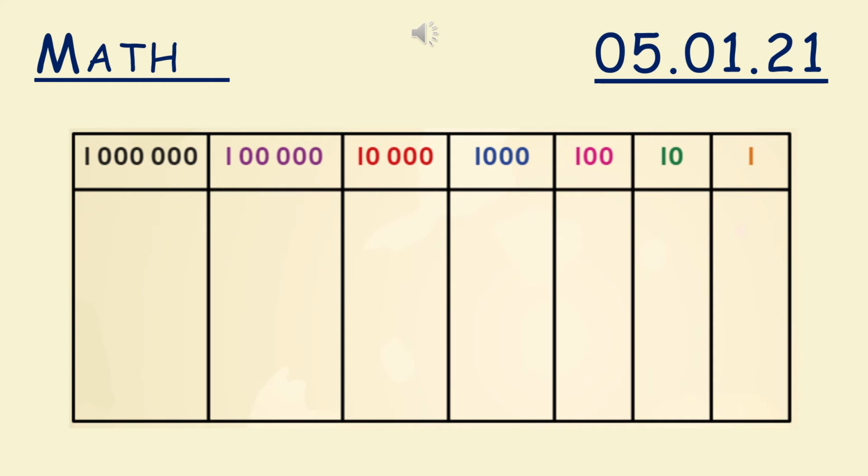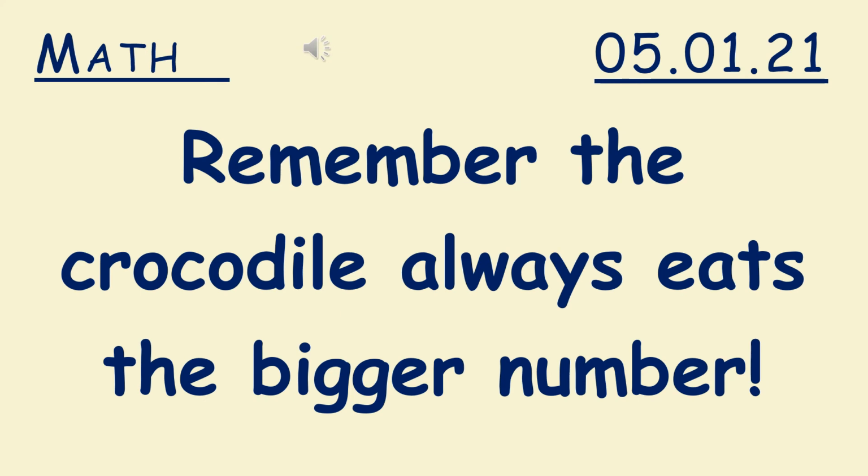It's important to make sure you start with the largest place value. If these are equal, then you would move on to the next place value. And remember, when using the correct mathematical symbol, the crocodile always eats the bigger number.